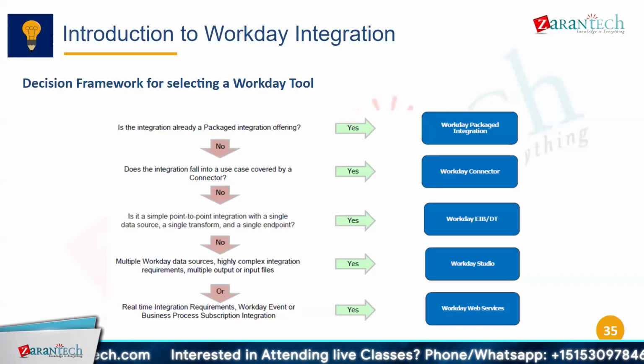Then come Workday connectors, which are Workday delivered. They have a certain set of customization possible. You can use Workday connectors, say CCW, to send demographic details to third-party vendors, whether it is your internal system or a third-party system it is not listed for or designed for. So that you can do.